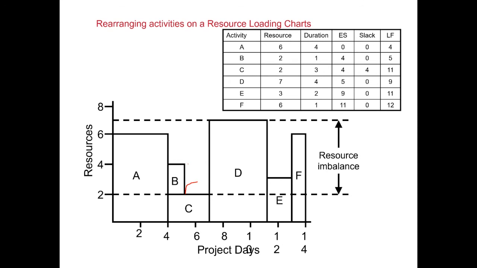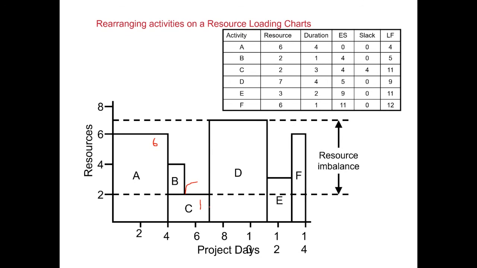For instance, this may be a case of heavy duty equipment on your site, and in weeks 0 to 4 you're using 6 pieces of machinery, and in the week where you're doing C, you're using just 1, so 5 of your machines are sitting idle. They may be incurring a lot of costs.